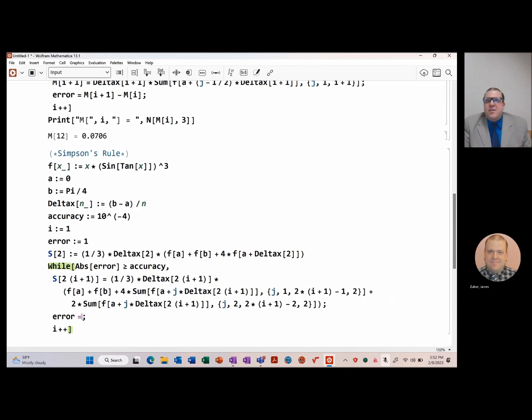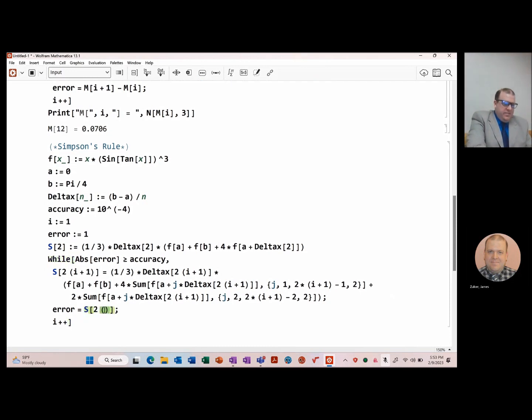The error is also going to have to change a little bit. All right, so it's going to be the term we just calculated minus the previous term. The S of 2i. And I still want I to increase by 1.